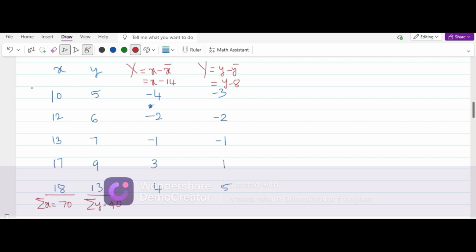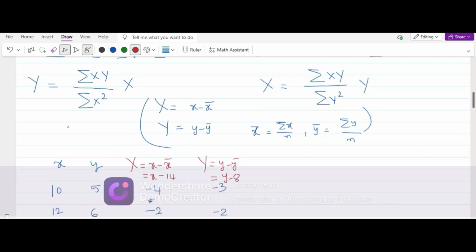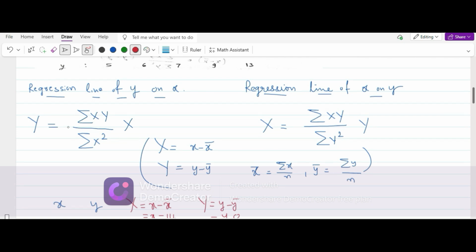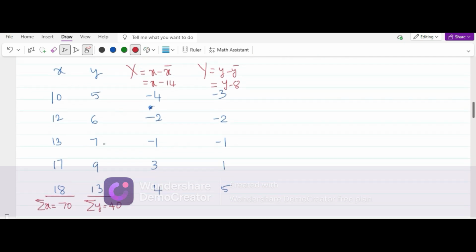So now we have to calculate only the sum of values of x square. No need to calculate sum of values of x. Let us calculate x into y.